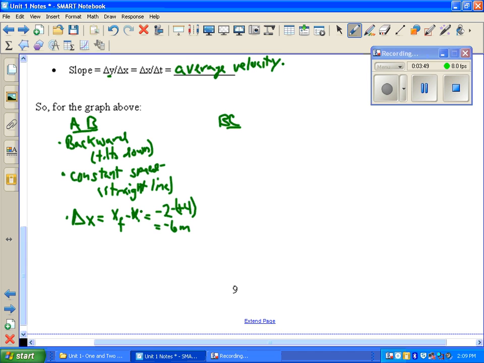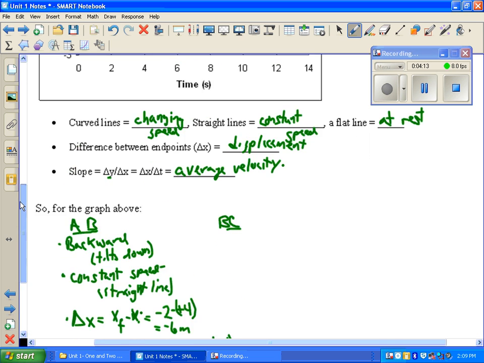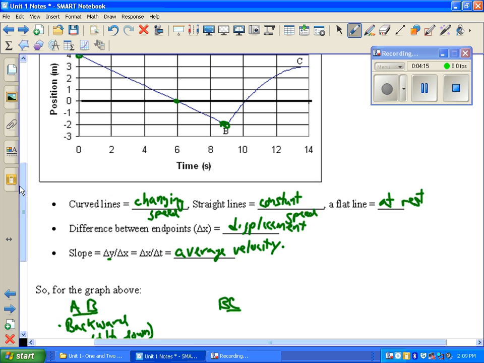And then the last thing is going to be our average velocity, which is the slope. In this case, it's going to be delta x over delta t. You should be very familiar with doing slopes from math class. It's going to be -2 minus +4 meters in, and the time goes from 0 to 9.